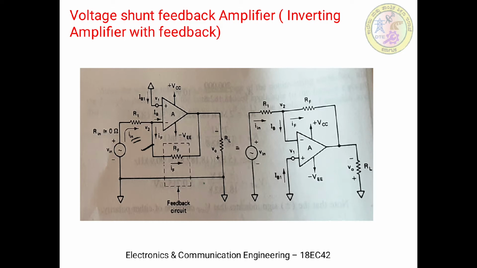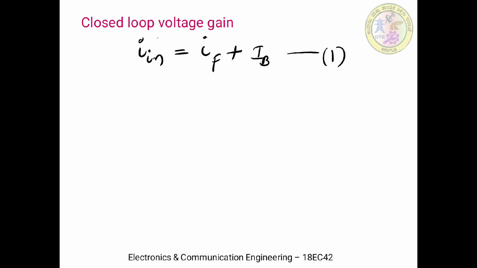Usually its value is very small, so it is negligible. Therefore, excluding IB, I in is approximately equal to IF only. We'll take this as equation 2.